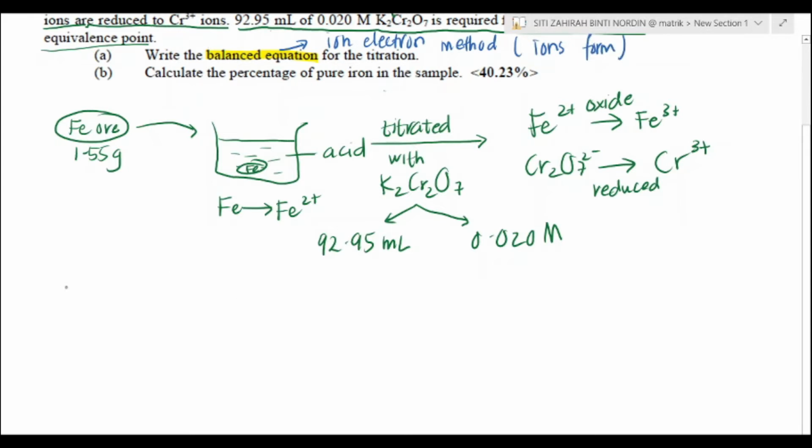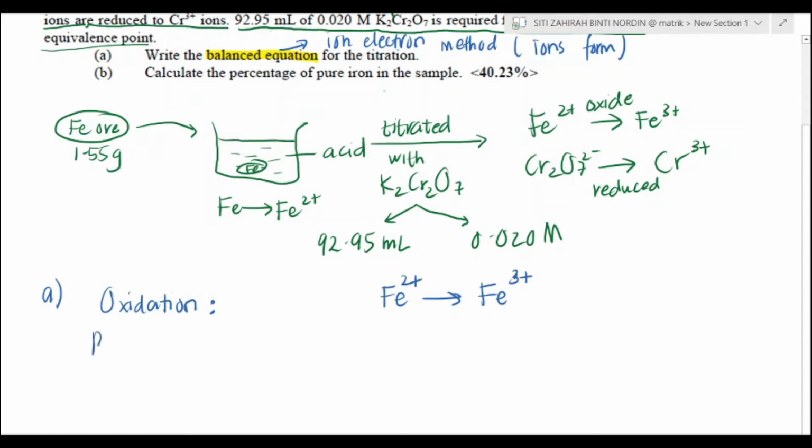Okay, so let's go on to A. The question already states that the oxidation half equation would be for iron, which is Fe2+ to become Fe3+.